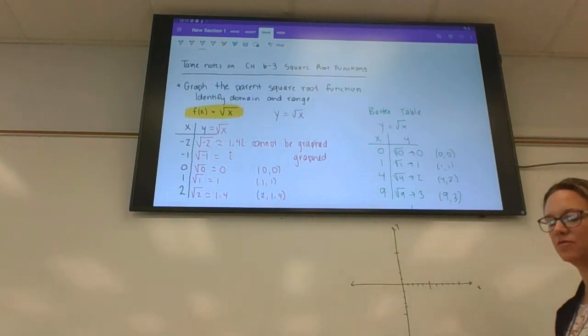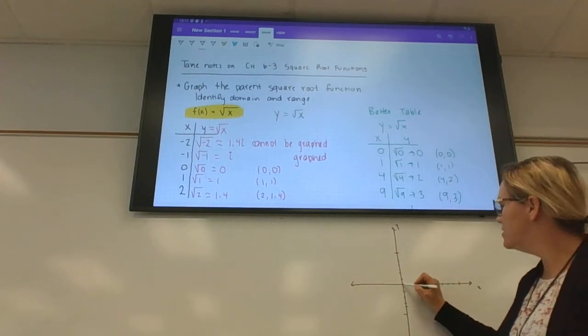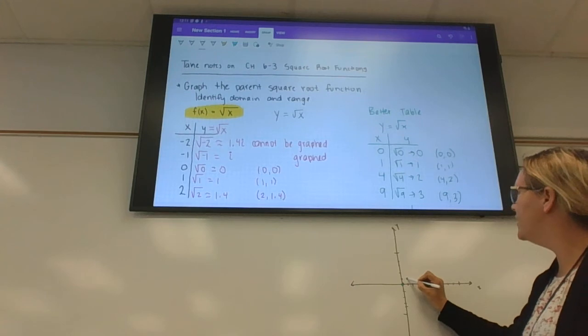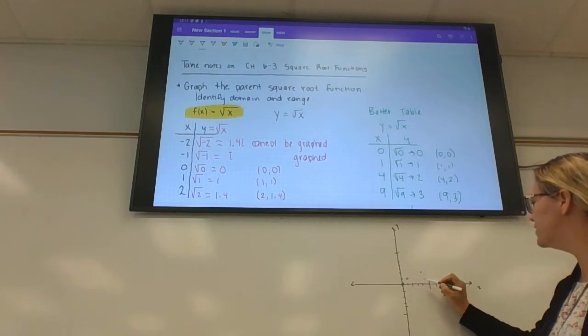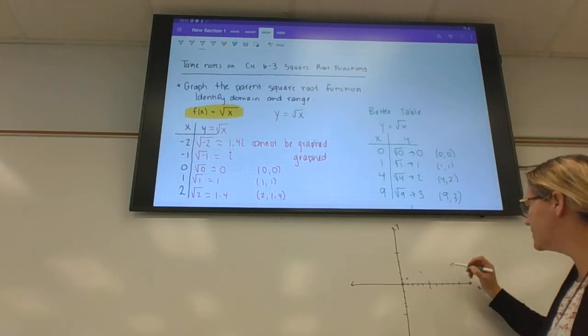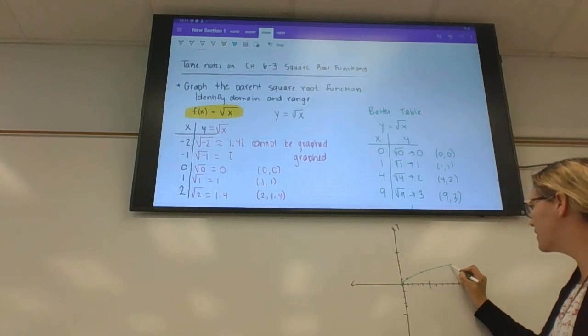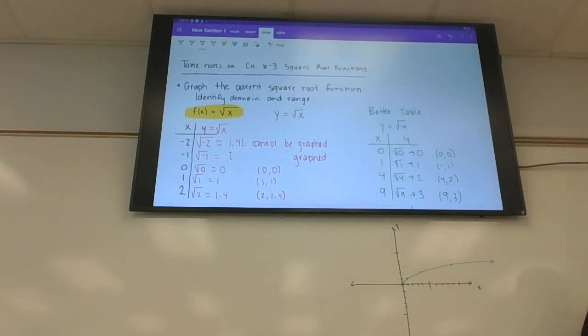It's just an example of why it doesn't work. 0, 0, 1, 1, 4, 2, and 9, 3. So this graph kind of looks like a wave. What's unique about it is it doesn't have an arrow on both sides. So it's kind of like a ray in geometry, but it has a curve to it.